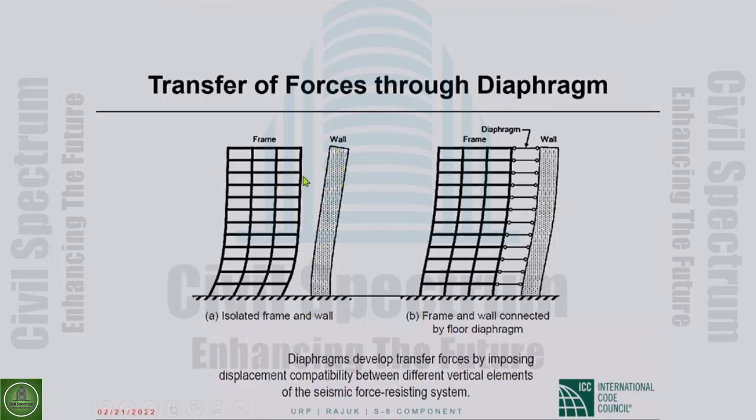When the two are tied together at every floor level through the diaphragms, neither can do its own thing. The diaphragms impose equal displacements on the frames and the shear walls at every floor level. In the process of doing so, there are forces induced in the diaphragm. Those are the transfer forces. Forces are transferred between the frame and the shear wall through the diaphragm, in order to equalize the deflections of the frames and the shear walls.